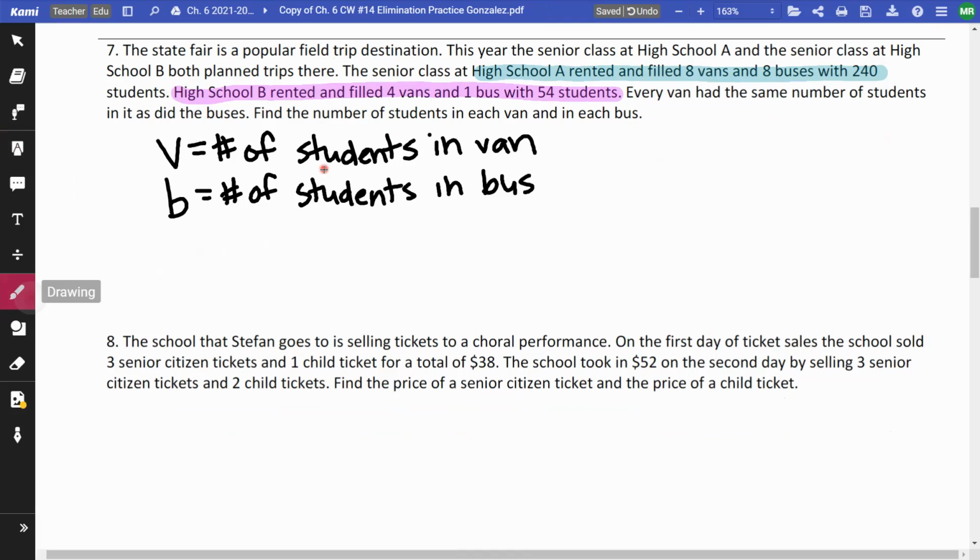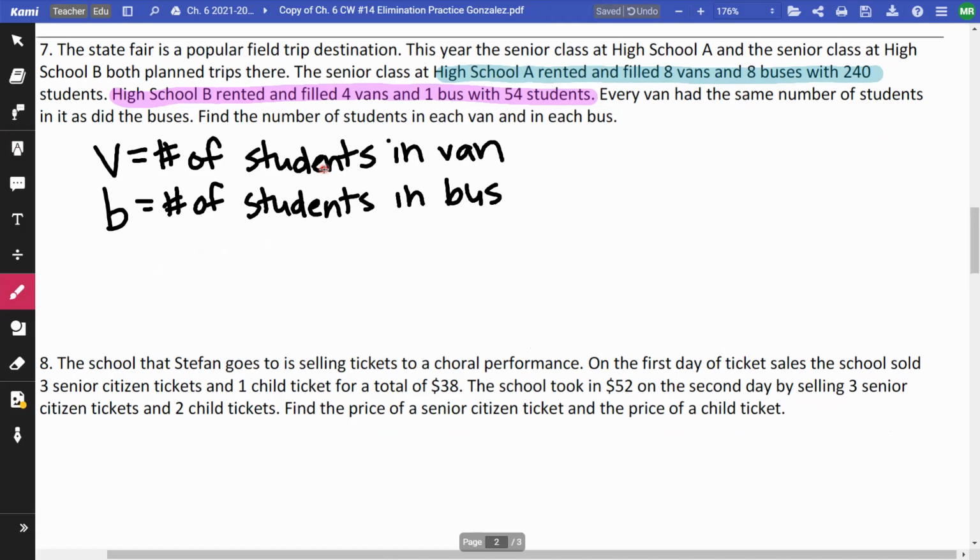So if I'm trying to write an equation for high school A, I'm going to have 8V, 8 vans times V students in each van, plus 8B, 8 buses times B students in each bus, is equal to 240.